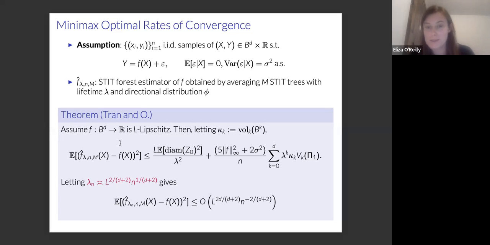Like the diameter of the zero cell could get very large if you're not cutting in a certain direction very much. We ensure that the cells are bounded by having support on d linearly independent unit vectors.